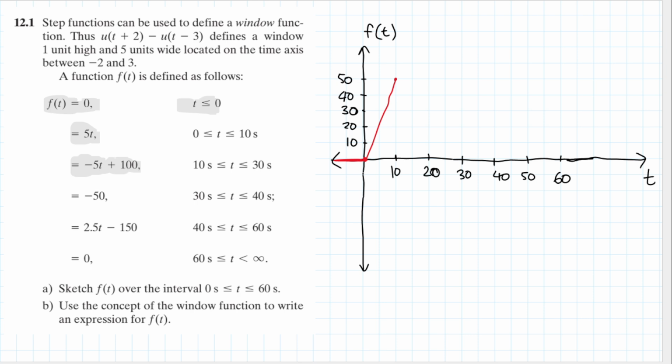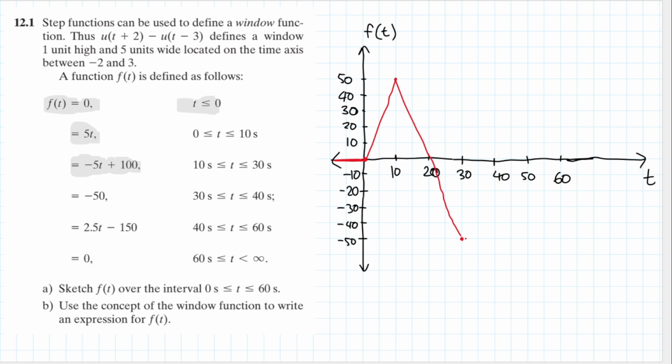So let's do the negative axis: minus 10, minus 20, minus 30, minus 40, and minus 50. So when it is 30, it will be minus 50. That will be here. Now let's make a line there.